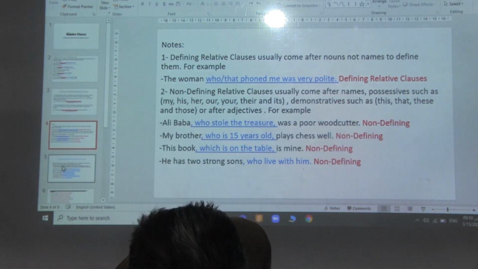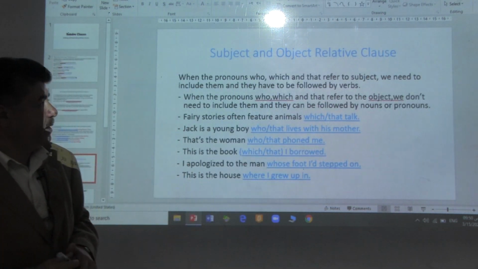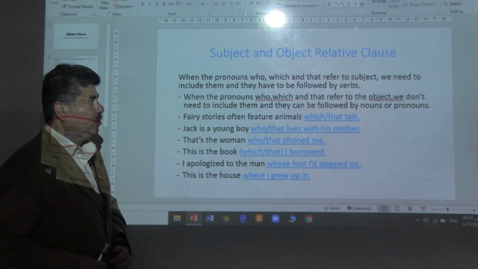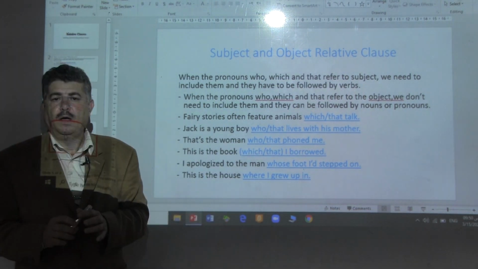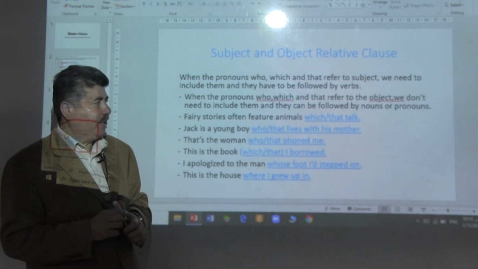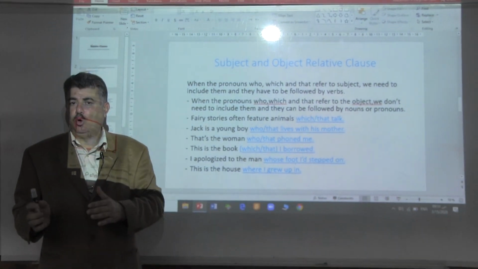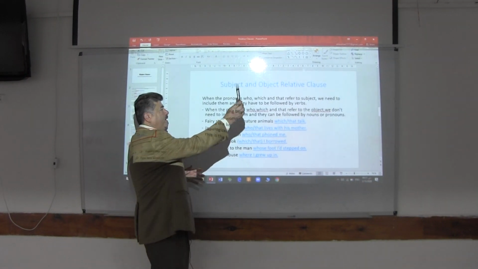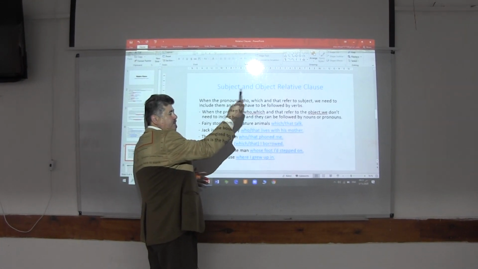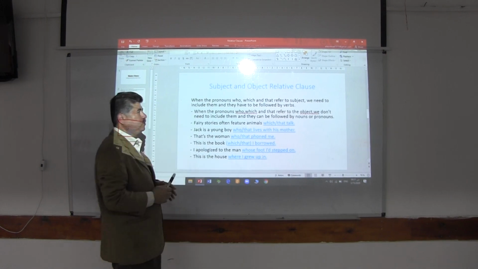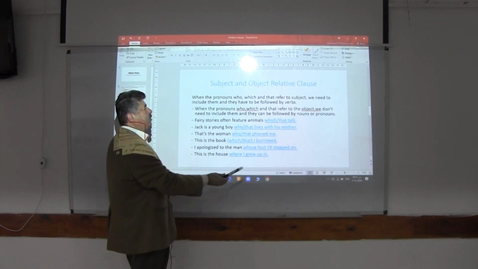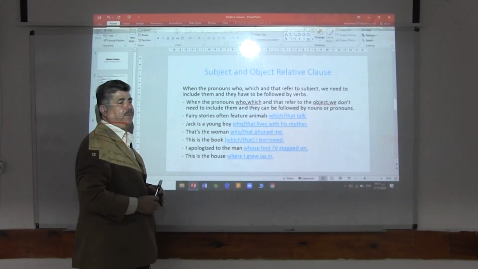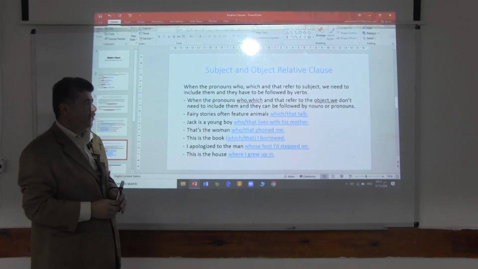Now, subject and object relative clauses. We can replace the subject with who or which or that, and we can replace the object. If we replace the subject, we delete the subject in the second sentence, we are talking about a subject relative clause. If we delete the object, we are talking about an object relative clause.